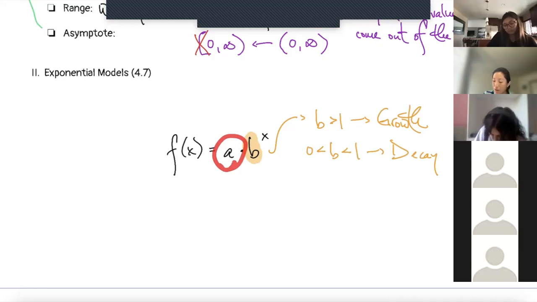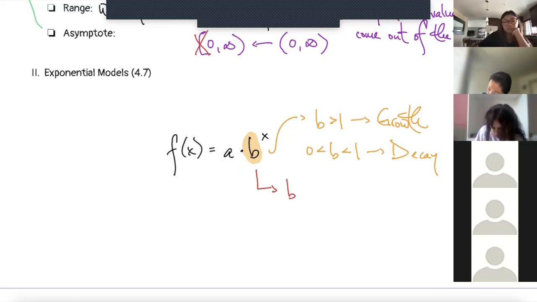They'll also tell you how we're going to count our time, by the year, by the month, all of that information will be right there. But the hardest part to fill in the number for is going to be the b. So I want to make a really big announcement about b.